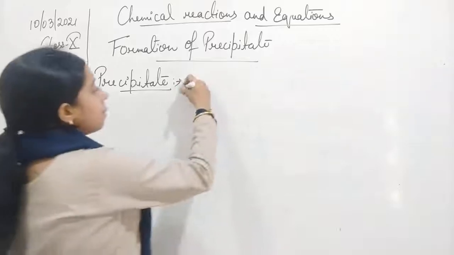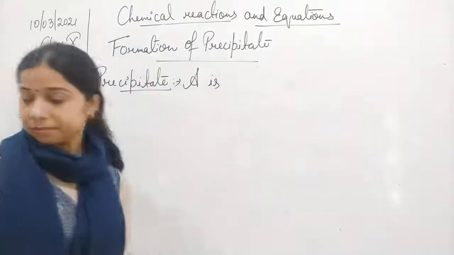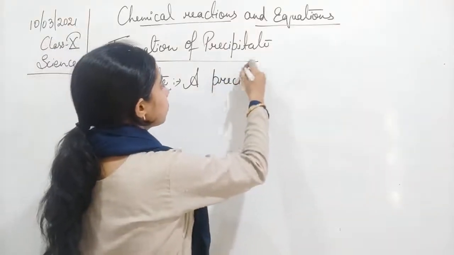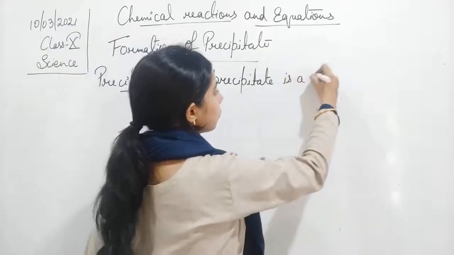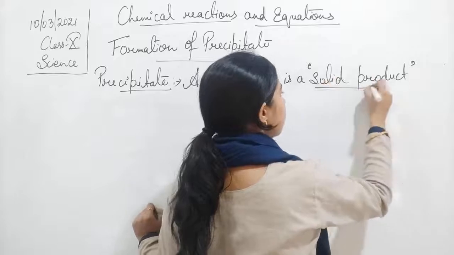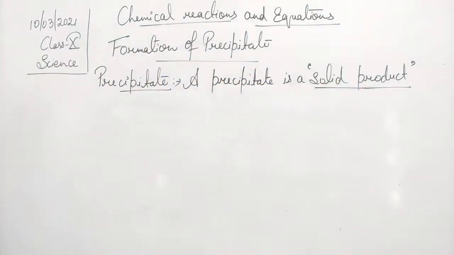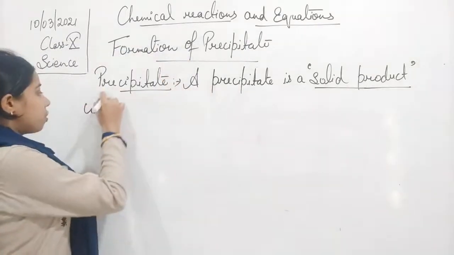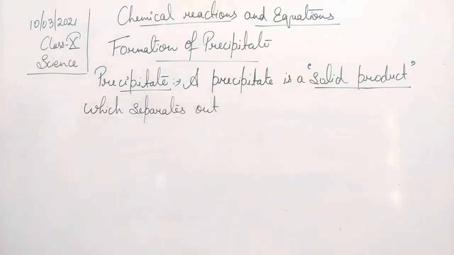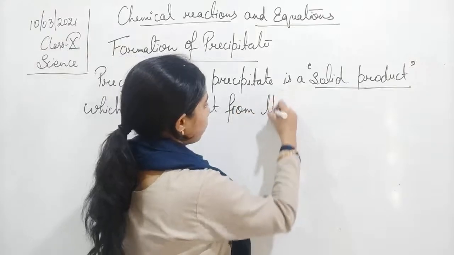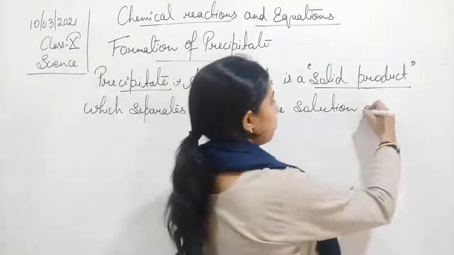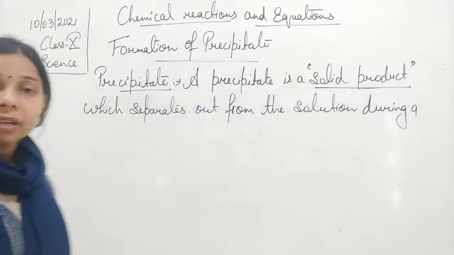Precipitate definition is, a precipitate is a solid product which separates out from the solution during a chemical reaction.